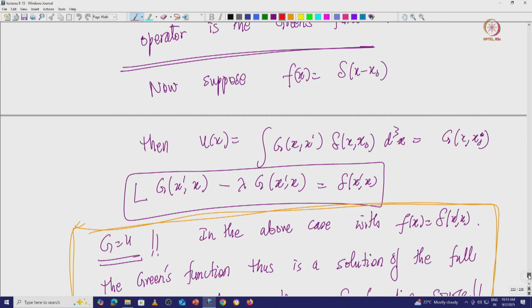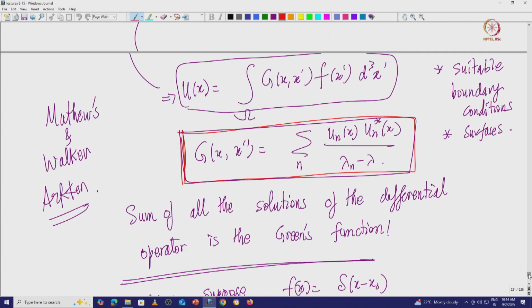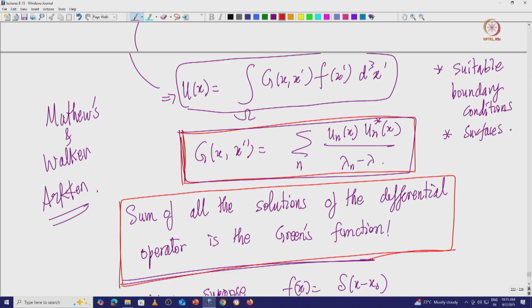We showed that the sum of all the solutions of the differential operator is the Green's function. We showed this derivation in the last lecture. This is important to know, but the important thing is more the result essentially.